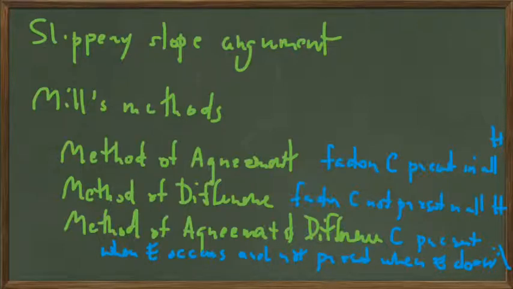The method of difference: when the factor C is never present when H occurs, then we can rule out C as a cause of H. The method of agreement and difference: C is present when H occurs, not present when H doesn't occur. That makes C a more likely cause of H, and if we could make it more conclusive, we could rule out other causes.